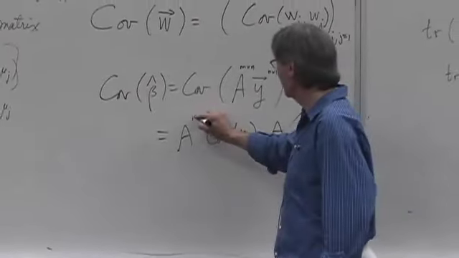The 1,1 entry would give me the right thing to multiply by sigma squared to give me the actual variance of beta 0 hat. So this gives you the 2 by 2 case, and here's the 3 by 3 and higher cases.